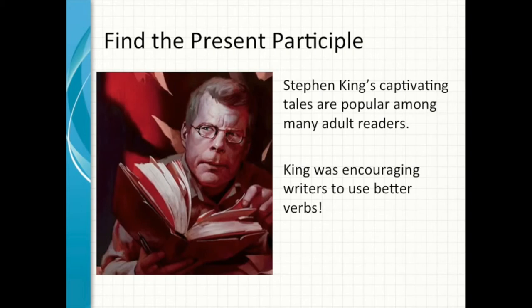What's the present participle? Did you find the word encouraging? Encouraging takes the verb encourage and adds an ing. Use it with the helping verb was, and you have the past progressive form of the verb encourage. Was encouraging uses the present participle to make the verb form.